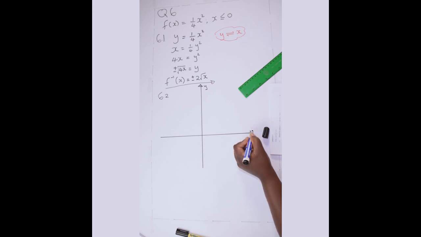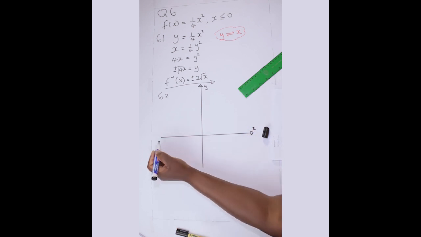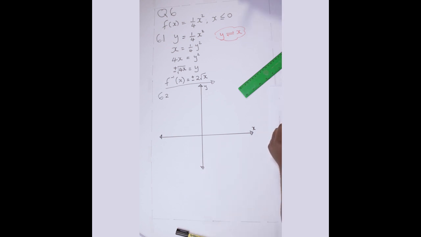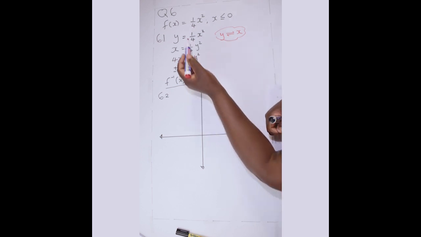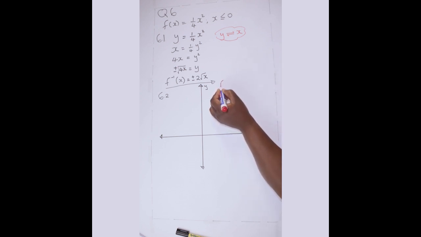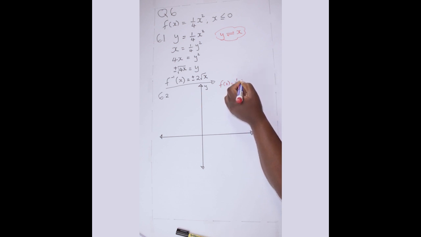So you label your Cartesian plane. And as I said at the beginning of this revision, always when you are drawing a graph, you must find your x-intercept and y-intercept. Now the x-intercept that we are looking for now is for the equation of f of x. So remember, our f of x is equal to 1 over 4x squared.